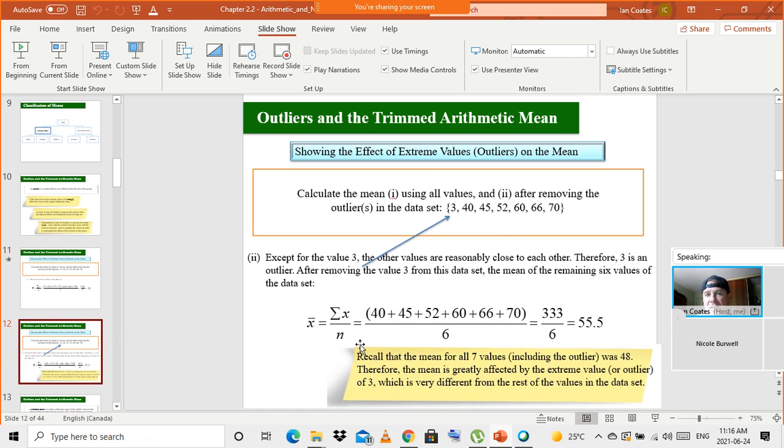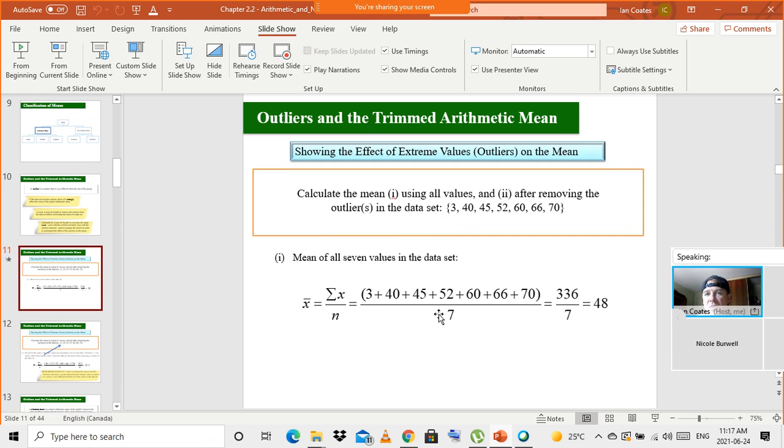But then, if we do a snip and we cut this number out, which doesn't seem to belong there anyway, look, our mean goes up to 55.8, which is in the middle of these guys, right in here, which is where it should be. But that 3 drags the whole thing down so that the average is somewhere in here.